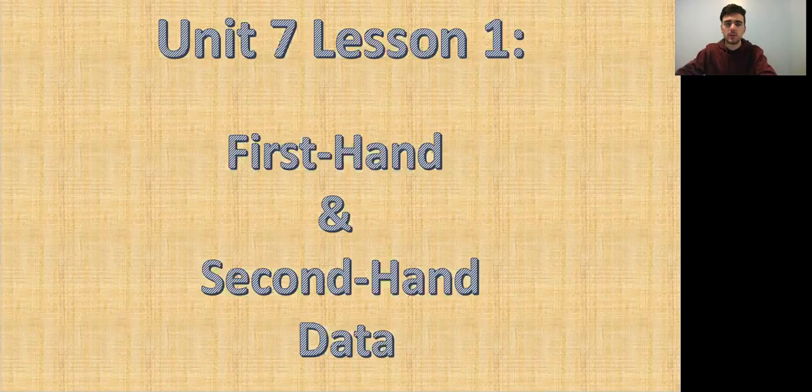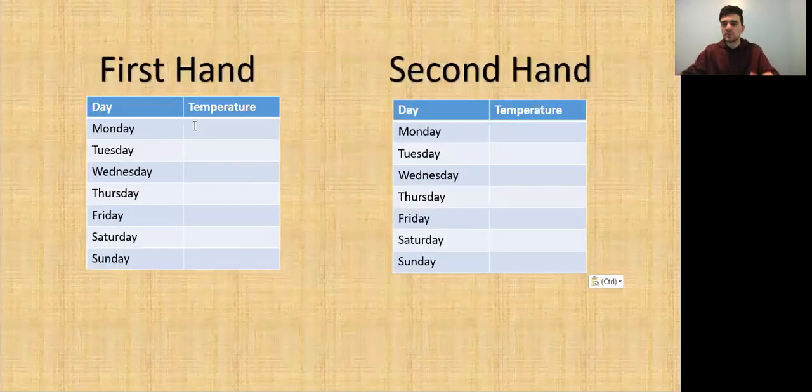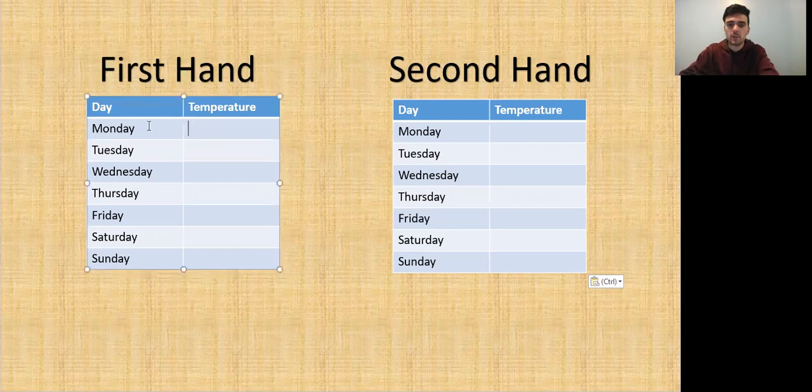Okay, so let's take a look at a couple examples. If we wanted to figure out what the temperature would be all next week, firsthand data, what you could do is you could go outside every day and look at your thermometer. Or if it's in your window, maybe you can look at it from your kitchen or whatever. You look at your thermometer and you're gonna write down what the temperature is. So on Monday, we go outside, it's 8 degrees. On Tuesday, it's 12.